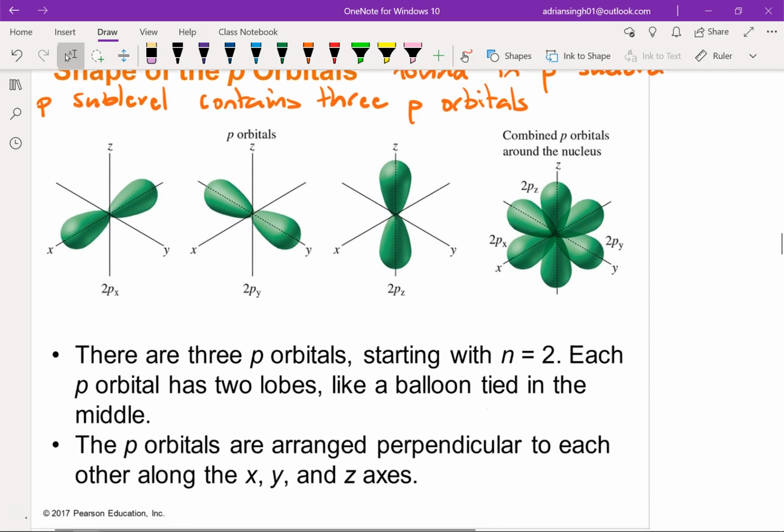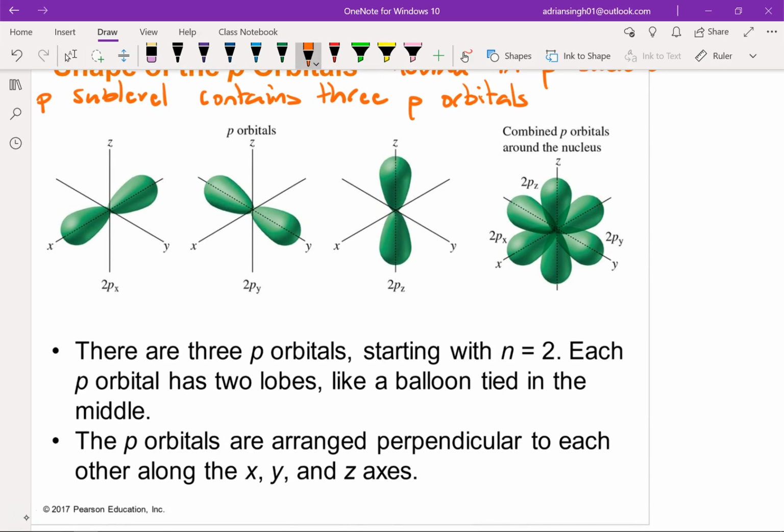The shape is described in a variety of ways, but it kind of looks like a figure of eight, or a bow tie, or an hourglass shape.